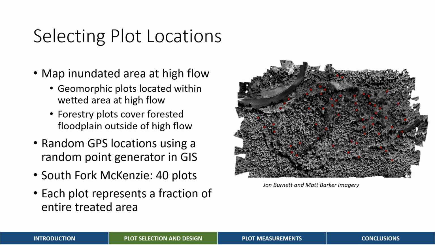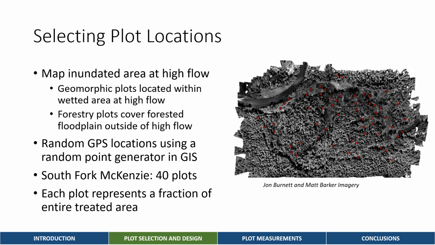So we kept everything pretty simple. We thought about stratifying the valley into different geomorphic units, but with stage 0 restoration, the adjustment is going to change the channel planform so fast that creating strata would just cause the need for changing those strata later on, which is why we only kept the inundated area at high flow versus the dry area.